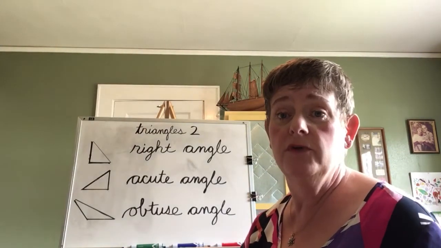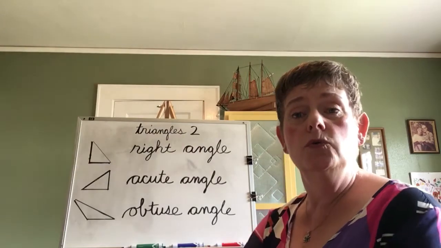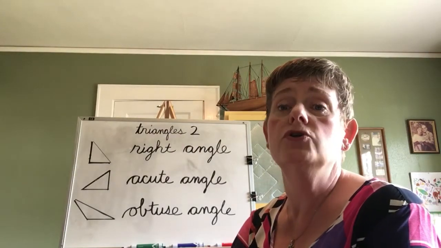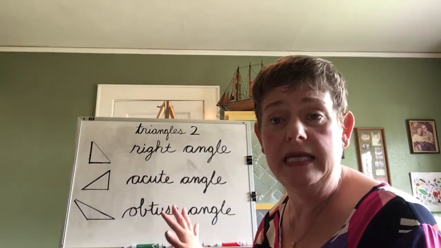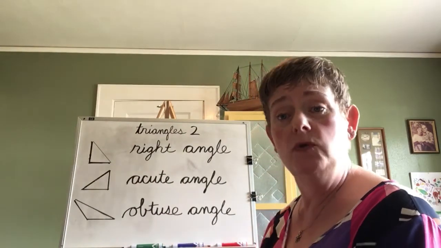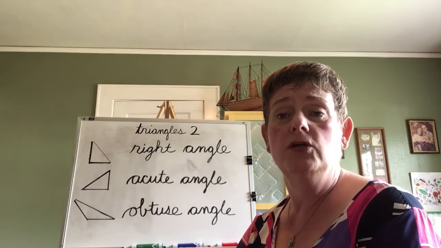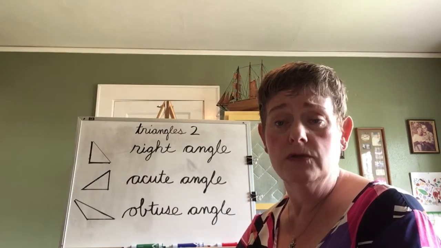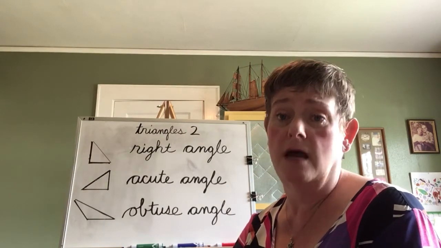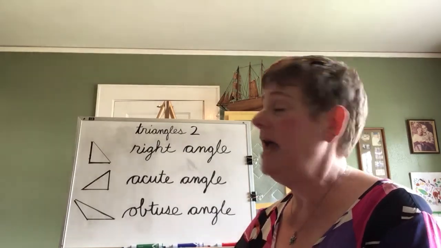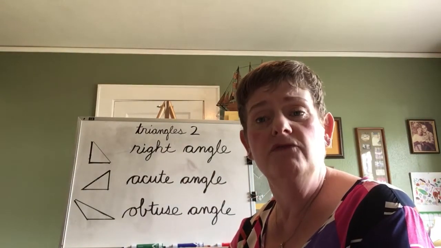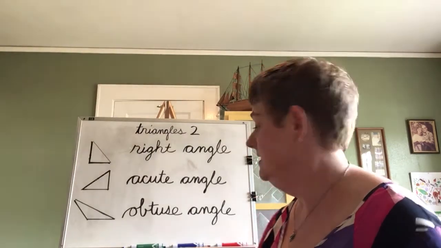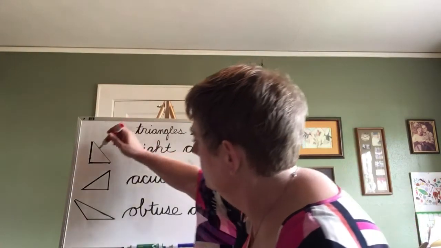My suggestion for you today is to draw some more triangles. You don't have to try to make them any kind of way. If you just experiment and make triangles, different kinds of triangles, they're going to be some kind of a triangle. And you can look at the triangles that you have made and you can figure out if it is a right angled triangle.